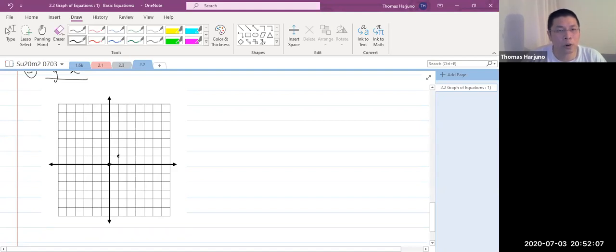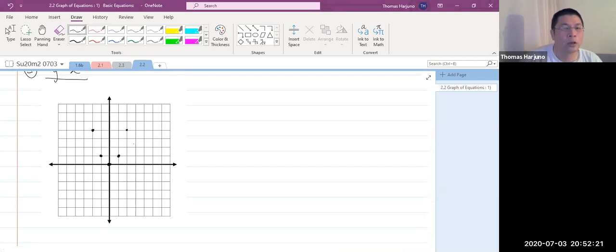And if you go on, that's (1, 1), (2, 4), (-1, 1), (-2, 4). You need to memorize at least these 5 coordinates here for x squared. So the graph will be approximately, it's very steep.